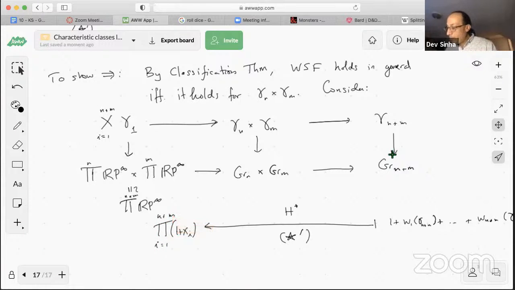But we can also look at this calculation in intermediate stages, in the middle stages. So we can look at 1 plus W1 gamma n plus etc. And that's also going to go to a product.